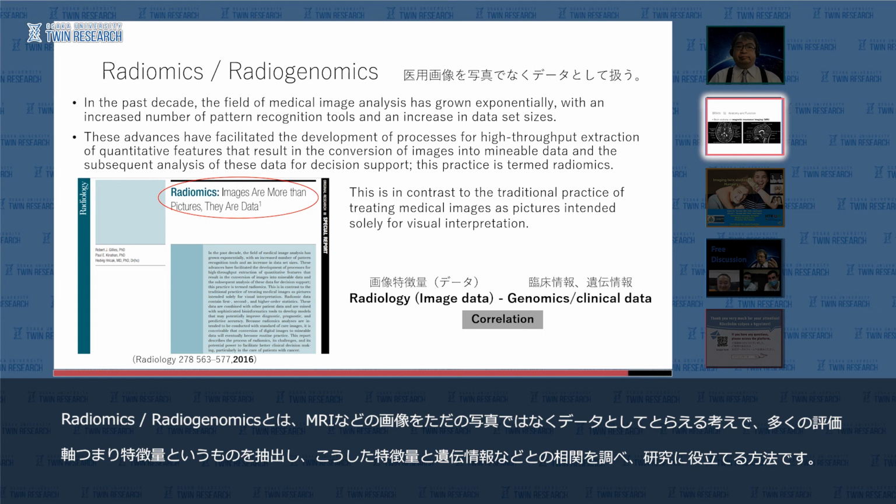These advances have facilitated the development of processes for high-throughput extraction of quantitative features that result in the conversion of images into mineable data and the subsequent analysis of these data for decision support. This practice is termed radiomics or radiogenomics.